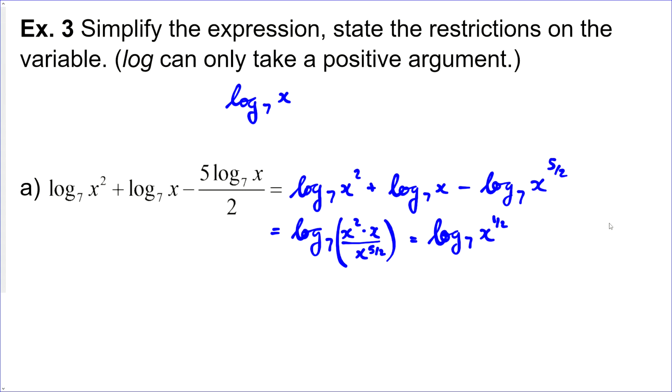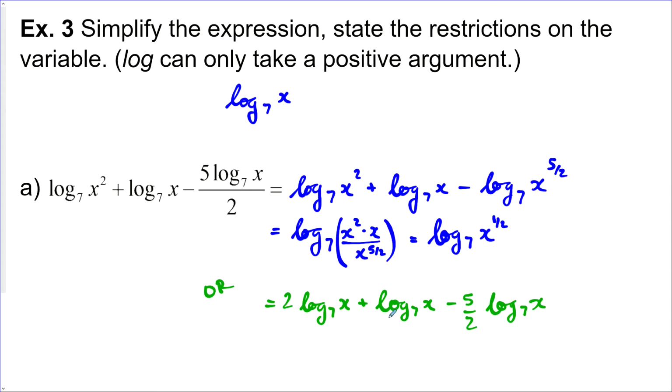Let's try this the opposite way. We'll try it with coefficients instead. So we'll put an or here because you don't need to do it both ways. Instead, let's move this to be a coefficient. 2 log base 7 of x plus log base 7 of x, and this one here is already a coefficient, so this one we leave, minus 5 over 2 log base 7 of x.